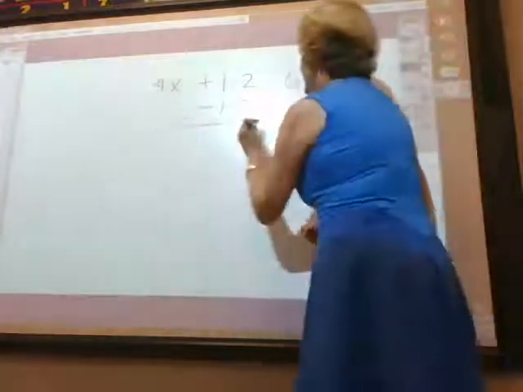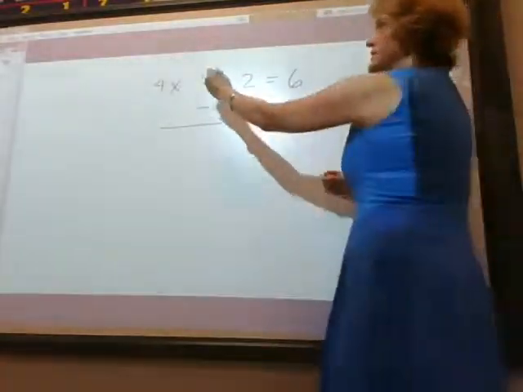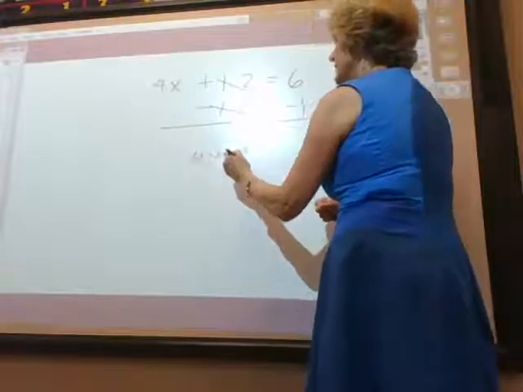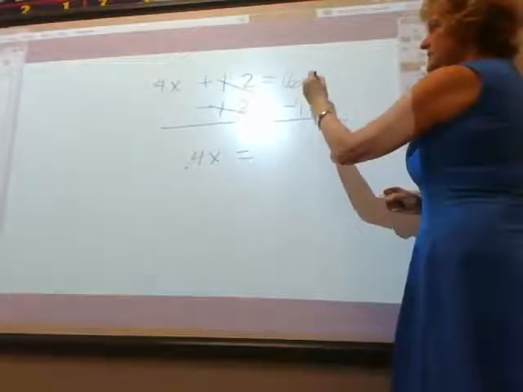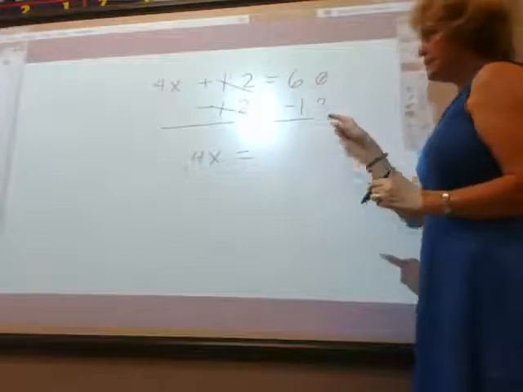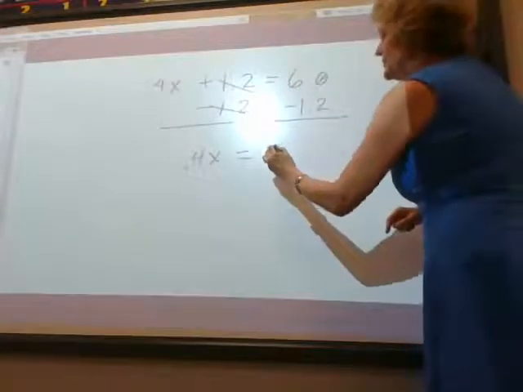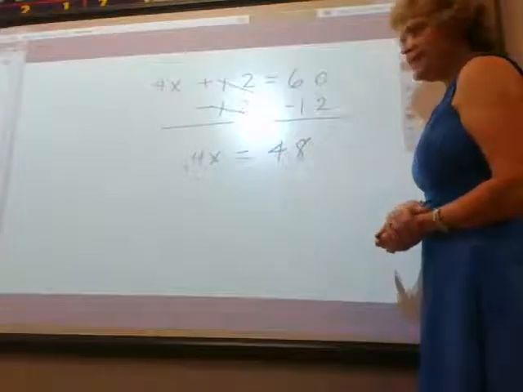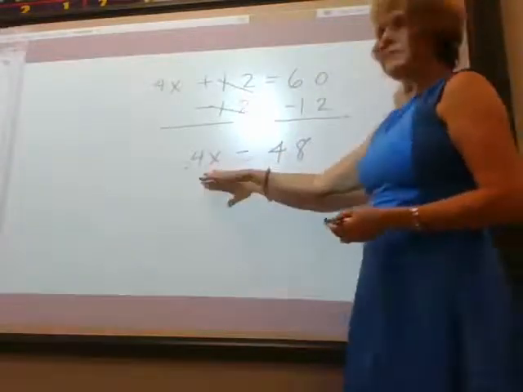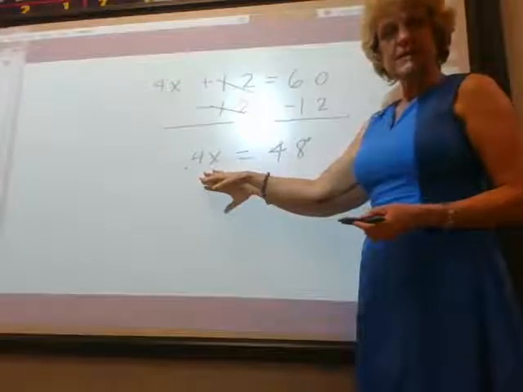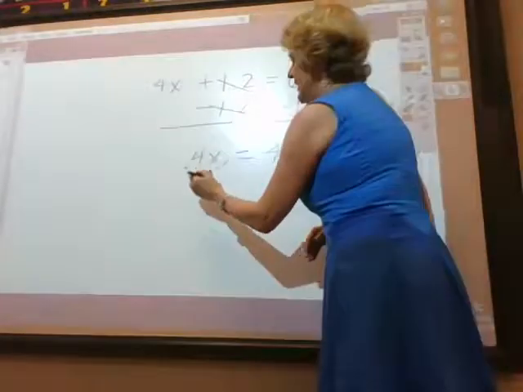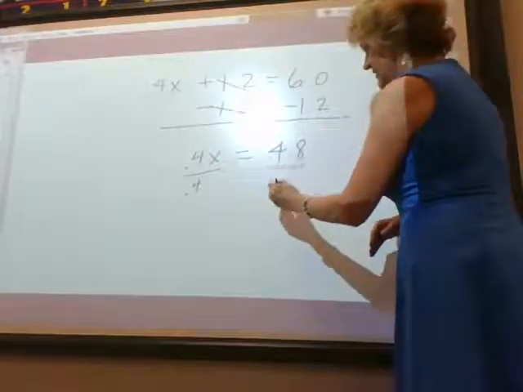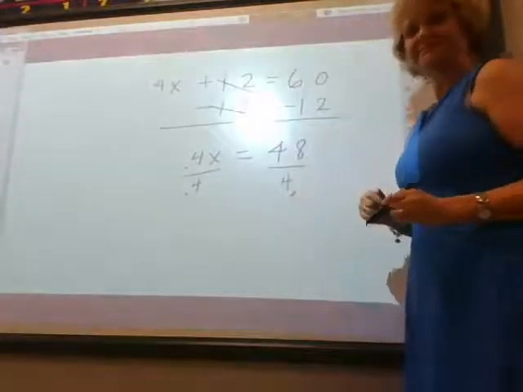Okay, so let's see what we have on the left. This cancels. I have plain old 0.4x equals, now this is 6.0. Take away 1.2, 4.8, correct? Now, I have something in front of my x. How do I get rid of it? Divide it out. If I divide the left side, I have to divide the right side.